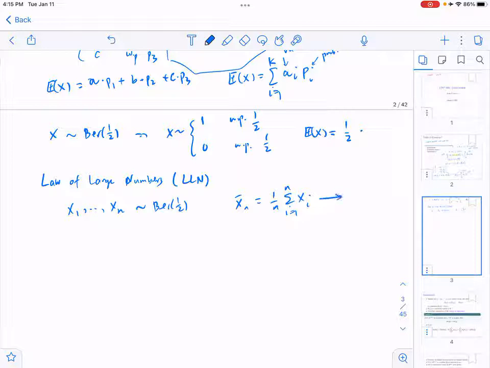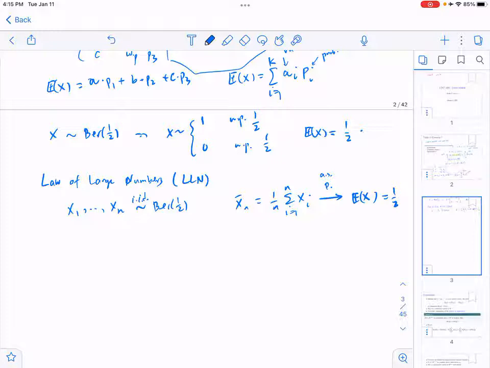This is the law of large numbers: it converges in probability, or almost surely. Hopefully you've seen it at some point. It converges in some sense to the expected value of X, so 1/2 in this case. These are independent, identically distributed samples from the same distribution as X, and you form their average.